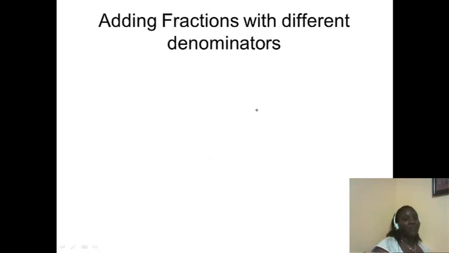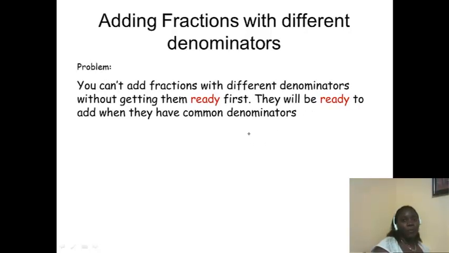Now, when it comes to different denominators, this is where students usually have problems. So please pay very close attention. You can't add fractions with different denominators without getting them ready first. They will be ready to add when they have common denominators. What does this mean?